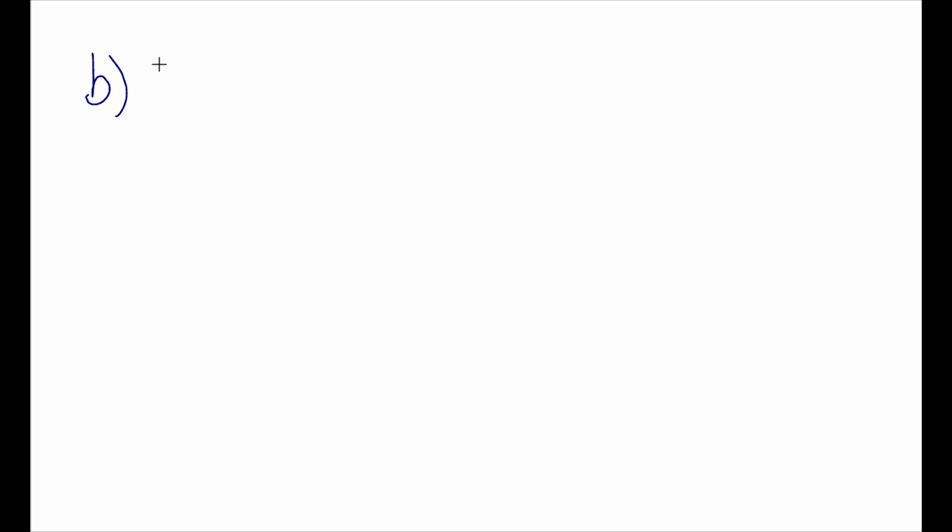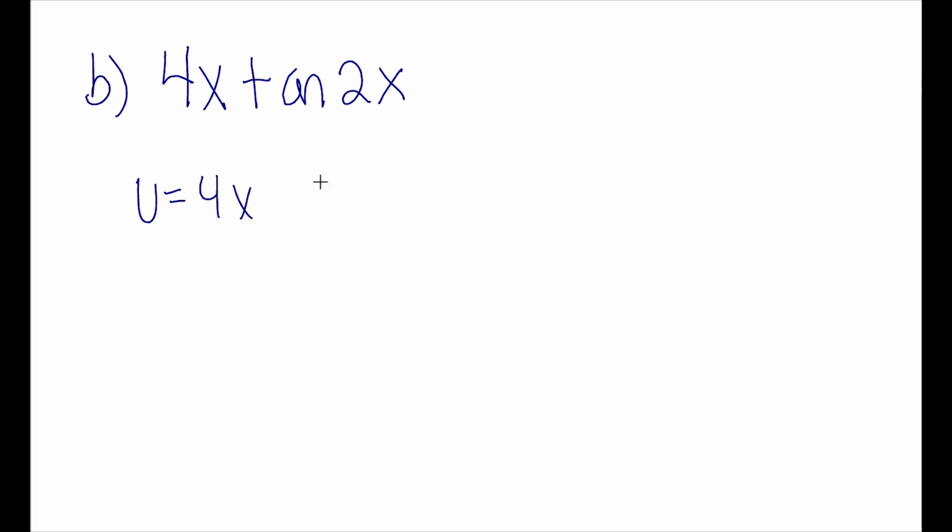B, we'll see the same rules applied to the product rule. 4x tan 2x. u is 4x, and v is tangent of 2x.